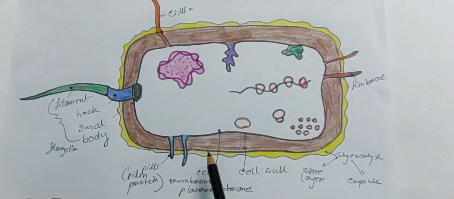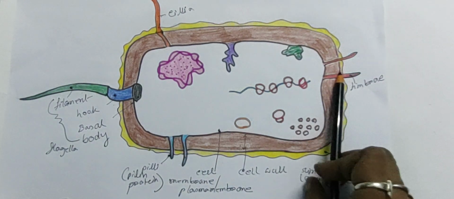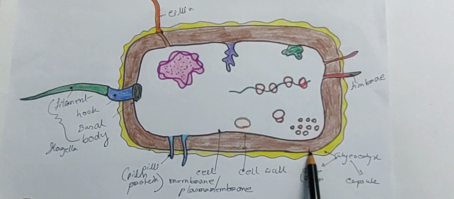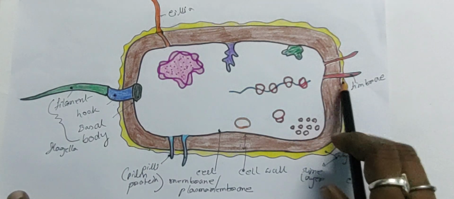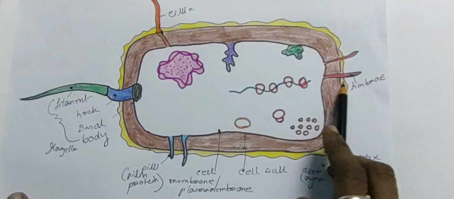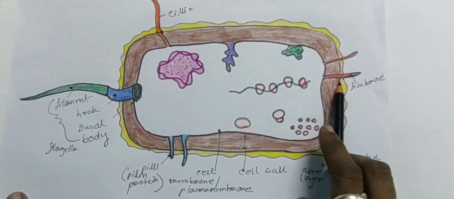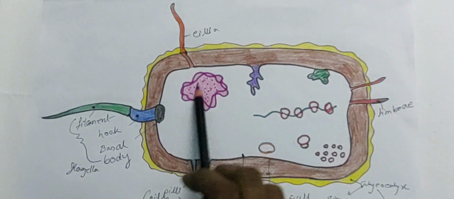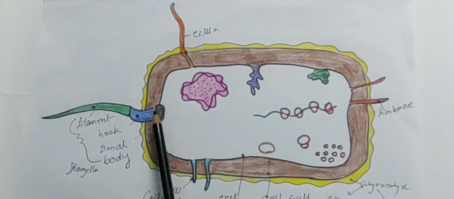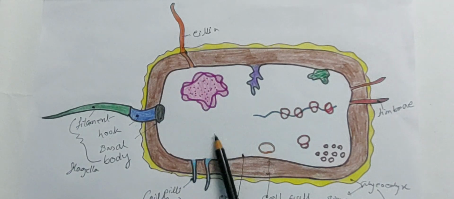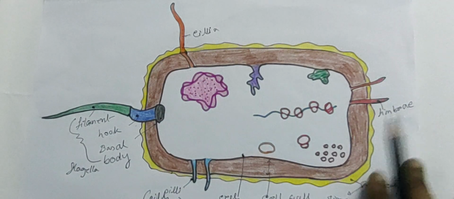Pili and fimbriae help the bacteria to adhere to the substratum. Whenever bacteria adhere to the substratum, they use fimbriae and pili. But cilia and flagella are the locomotory organs. They help the bacteria to move from one place to another.